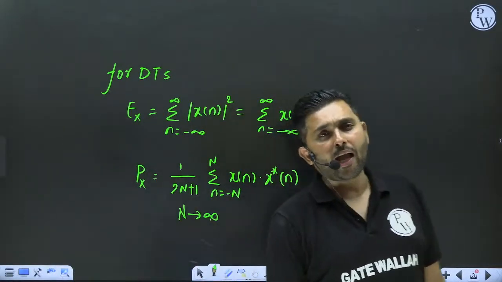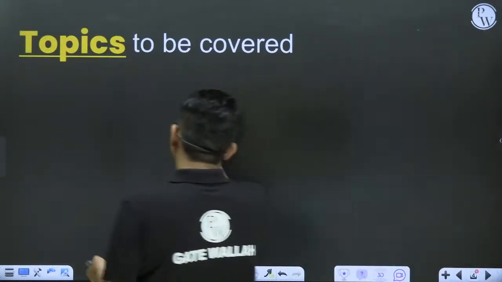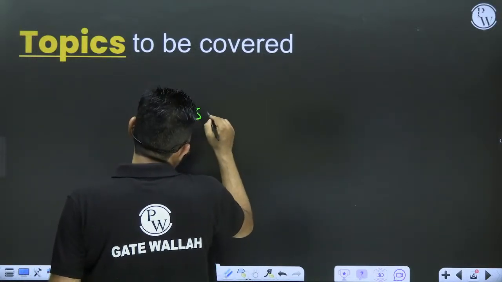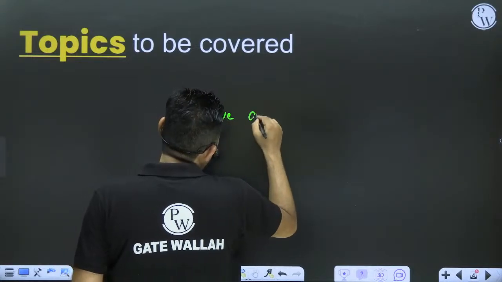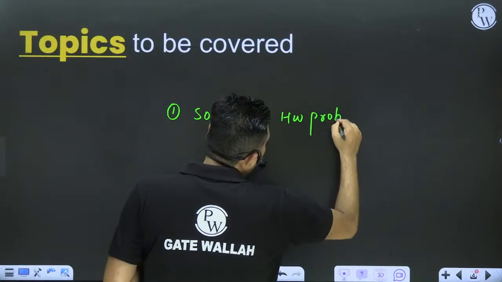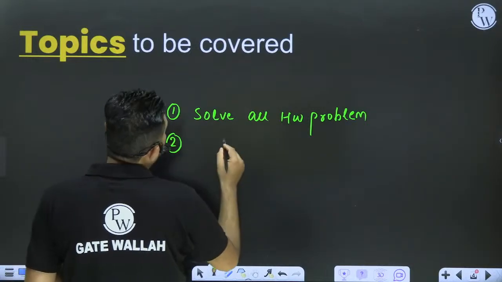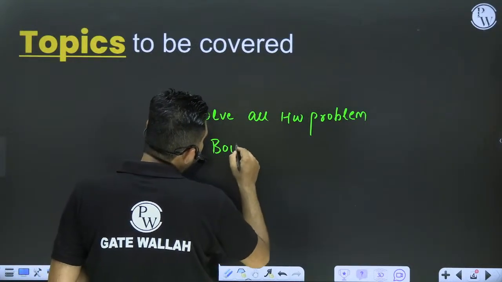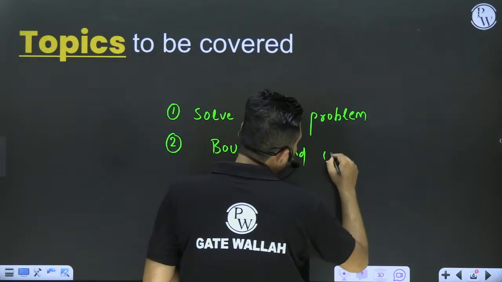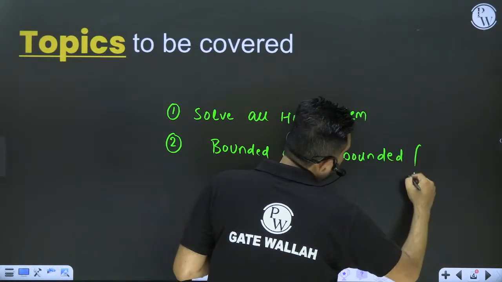Now I have given you multiple problems like this one. Today's topic is, first, to solve all the homework problems, and second, to cover one of the very important topics, bounded and unbounded functions.